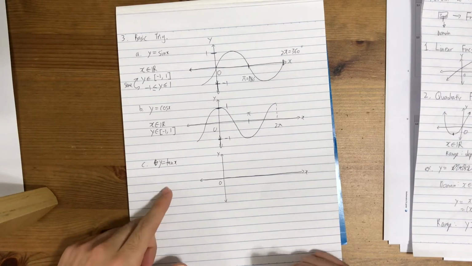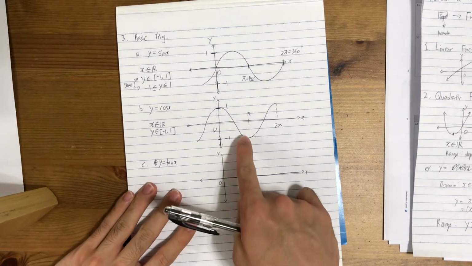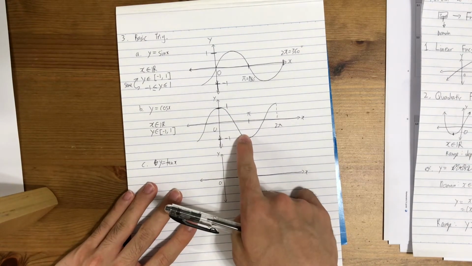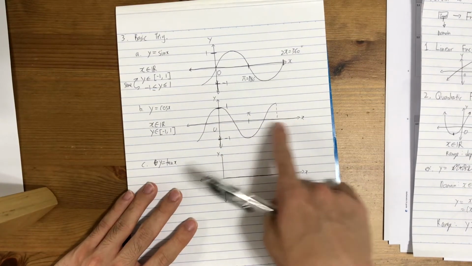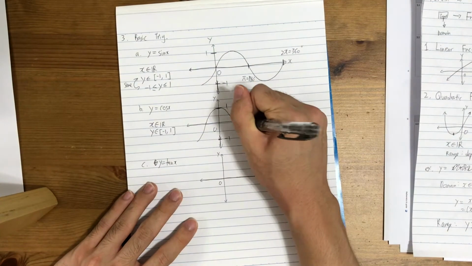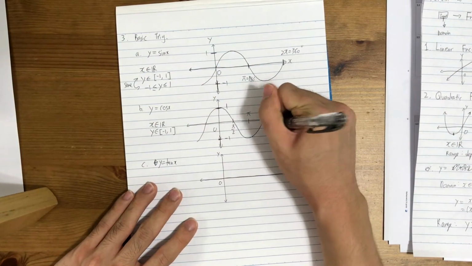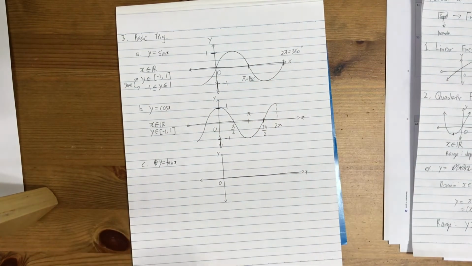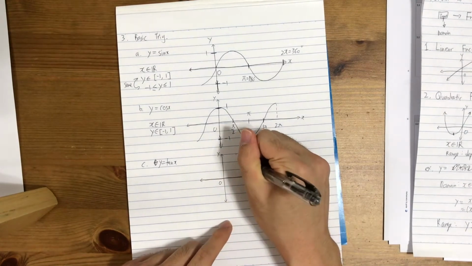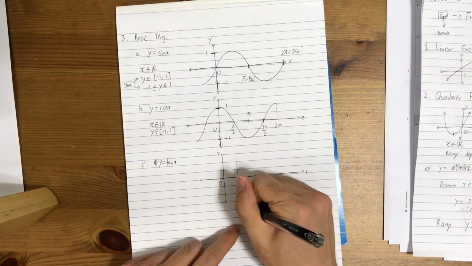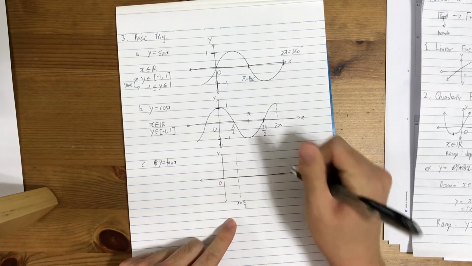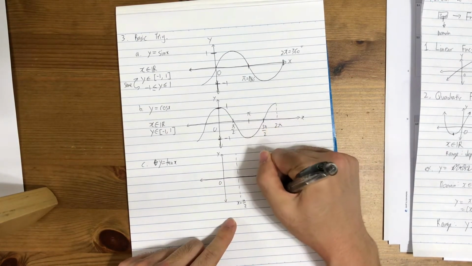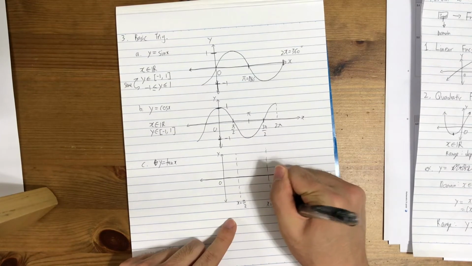Sine over cosine means that for certain values of x where cosine becomes 0, like 90 degrees or 270 degrees, tangent is not defined, right? Which means that those two are the asymptotes.